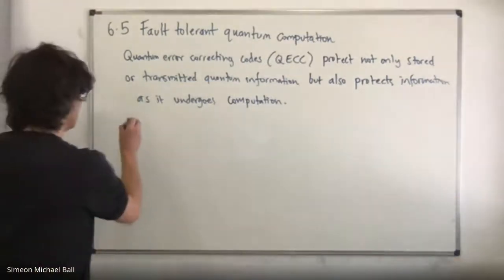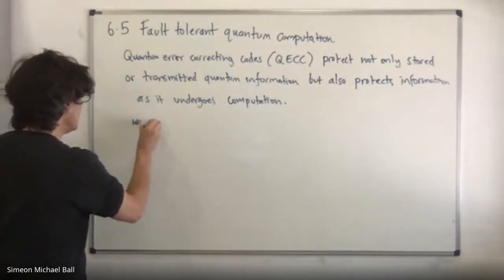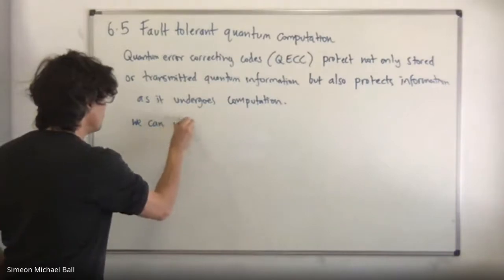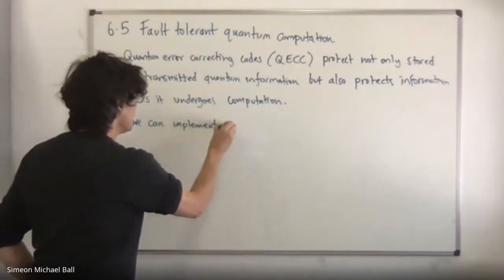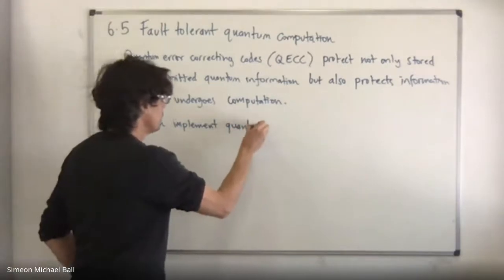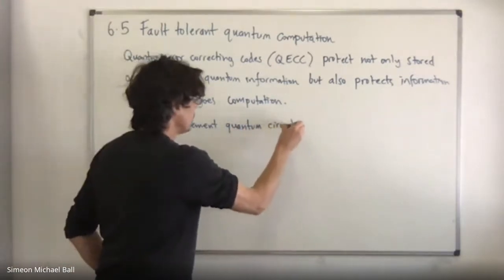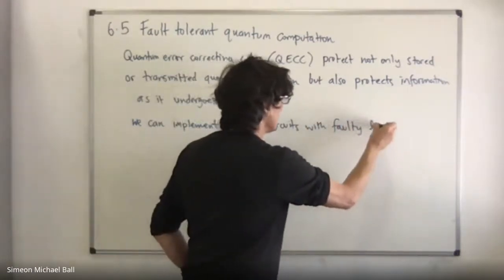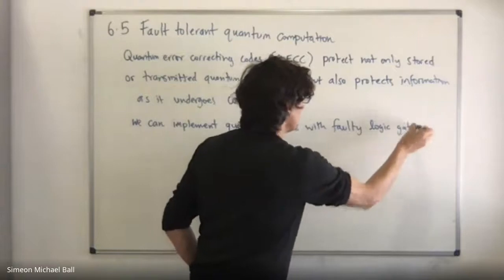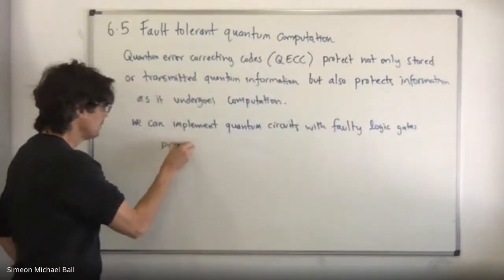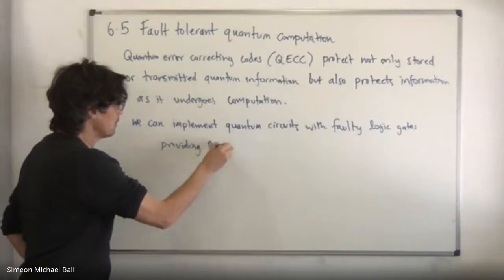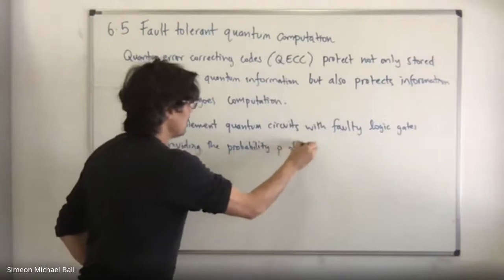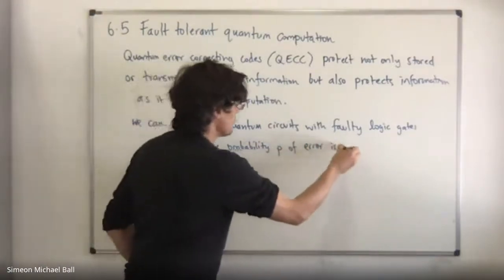So the idea is we go into the quantum circuit with faulty logic gates, providing the error probability is small.